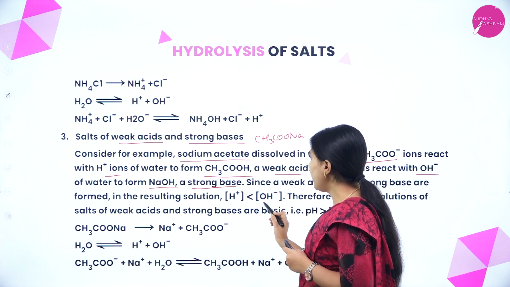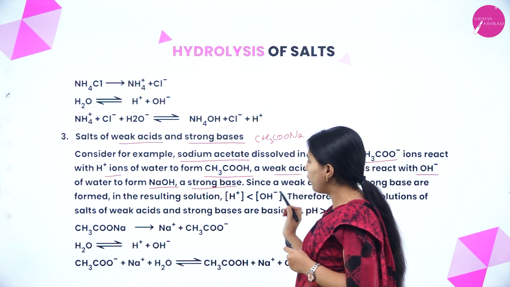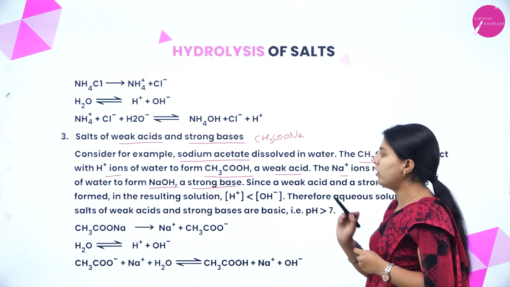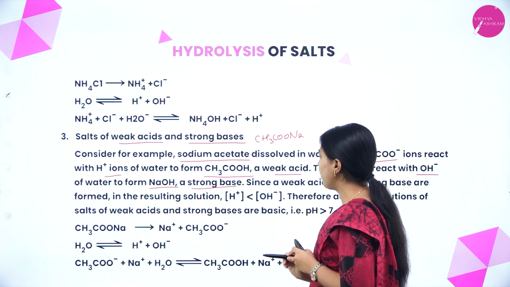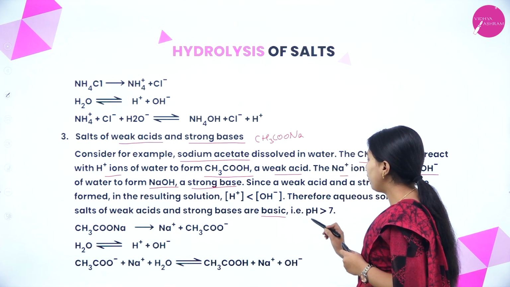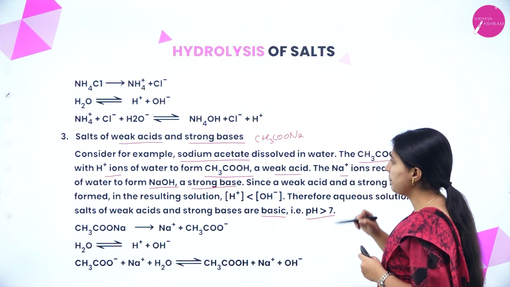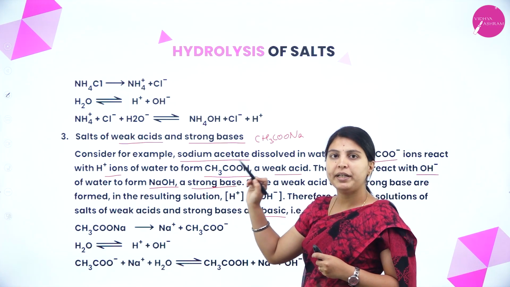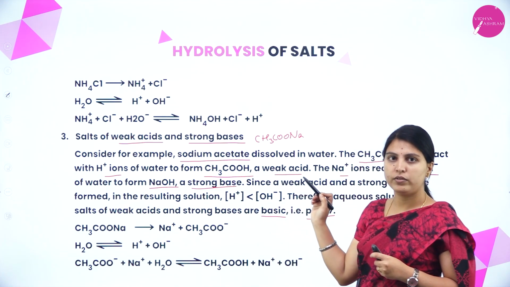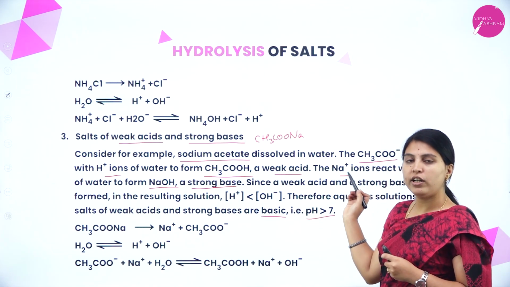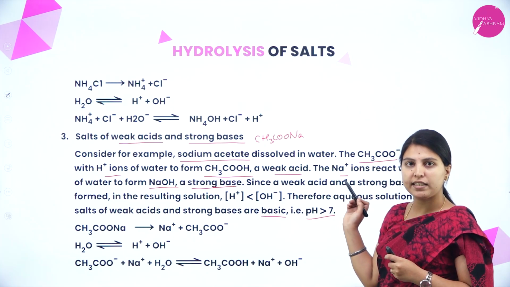here the concentration of base will be more than the concentration of acid. Therefore, aqueous solutions of salts of weak acids and strong bases are basic. Therefore, pH will be greater than 7. Once again, I am explaining. Sodium acetate will be dissolved in water, a salt of weak acid and strong base. Here, acetate ion and sodium ion will separate.